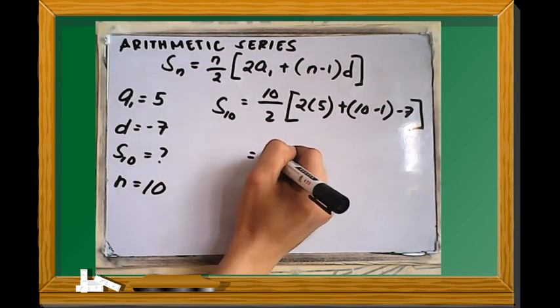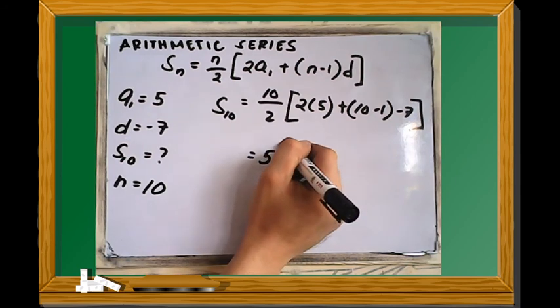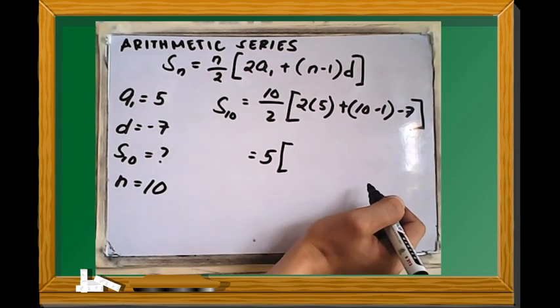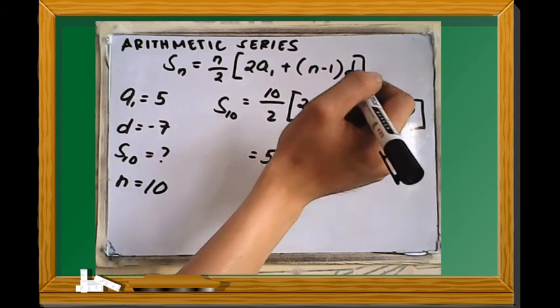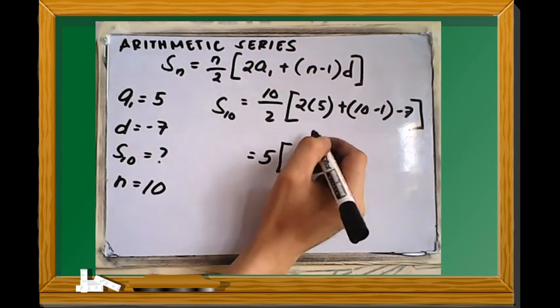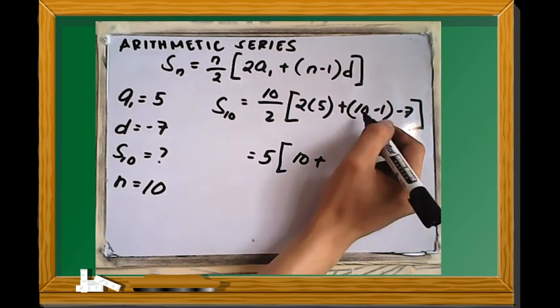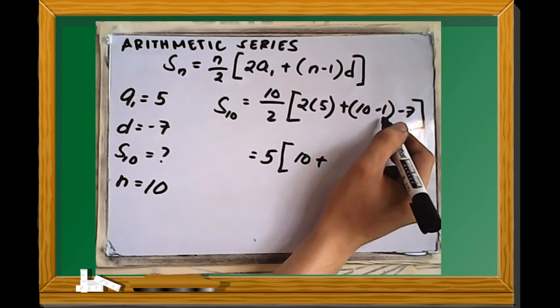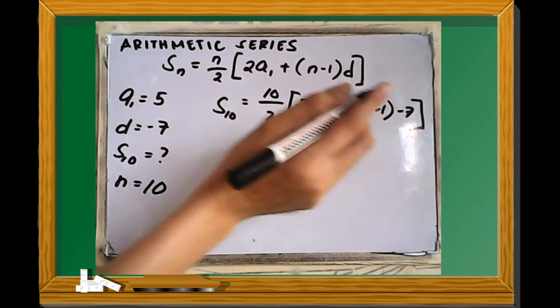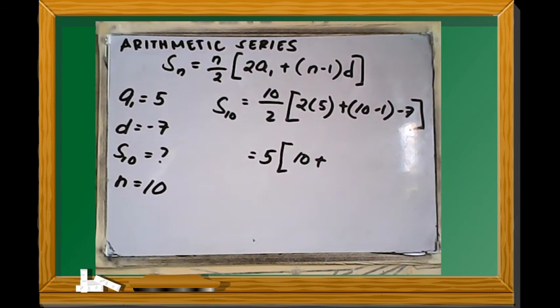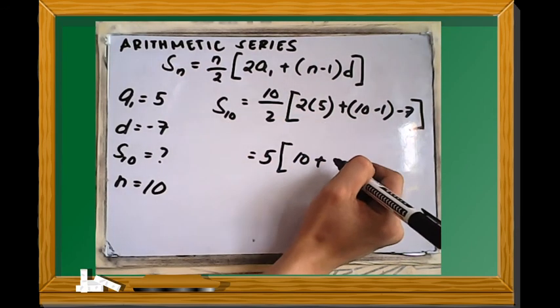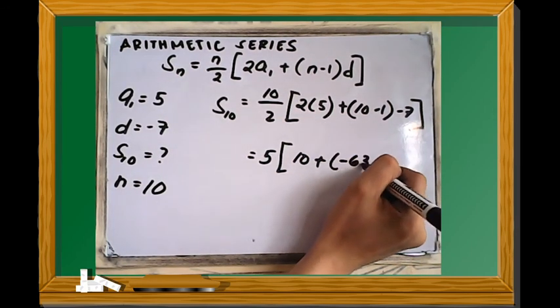So 10 over 2 is 5. And then perform the expressions inside the brackets. 2 multiplied by 5 is 10, plus 10 minus 1 is 9, multiplied by negative 7. So that is negative 63. So plus negative 63.